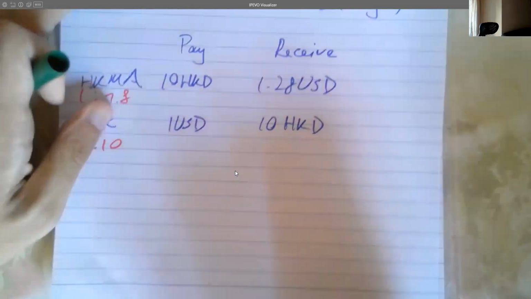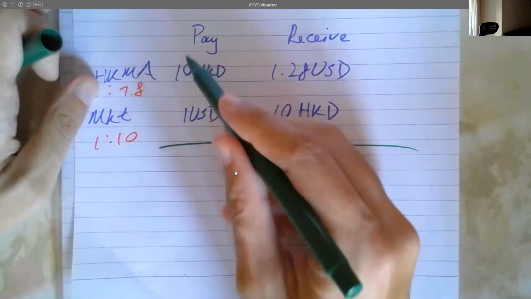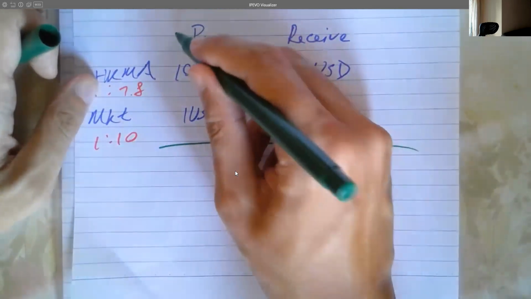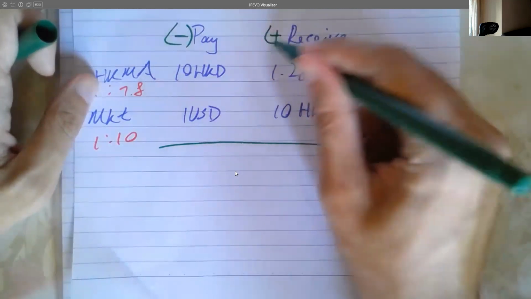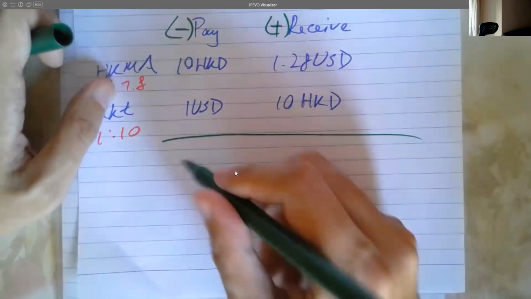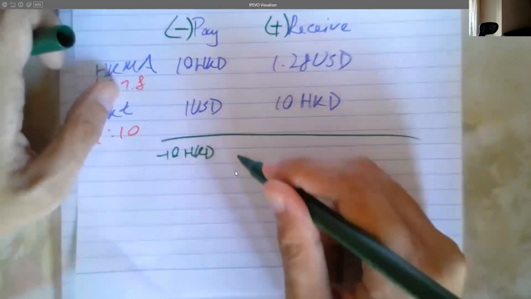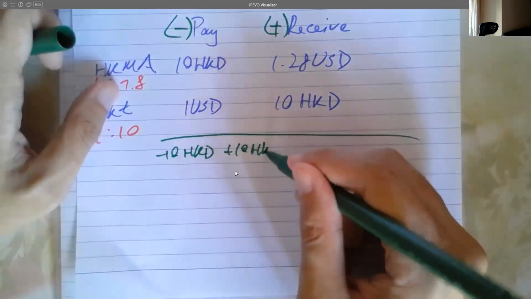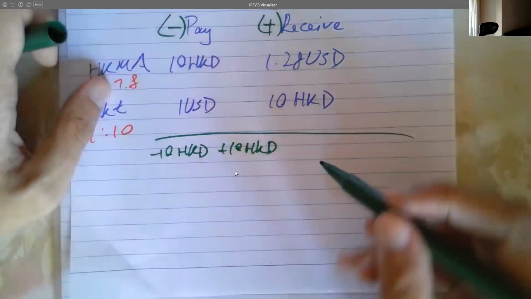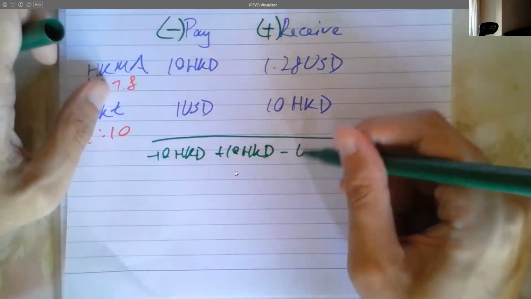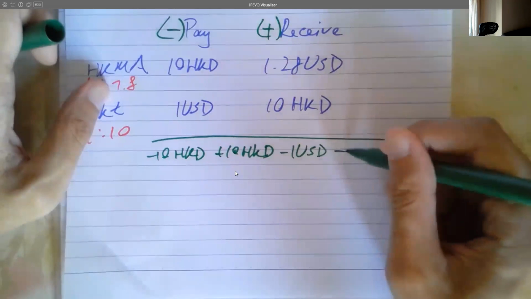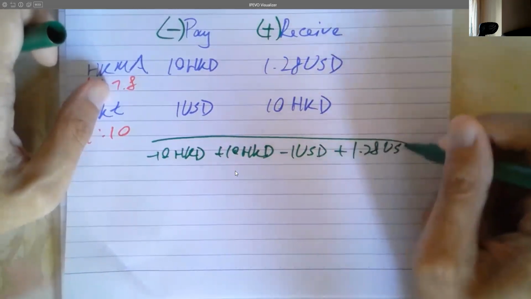So what would be the total gain or total loss in our case? Remember, pay is negative, receive is positive. So we have negative 10 Hong Kong dollars and plus 10 Hong Kong dollars, which cancel out. Here, negative 1 USD plus 1.28 USD.